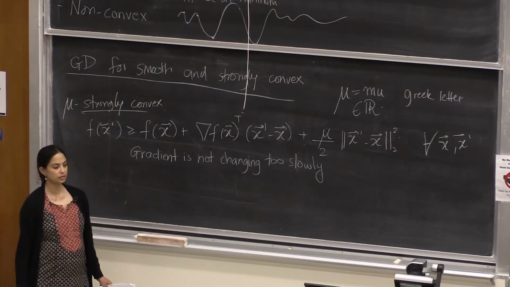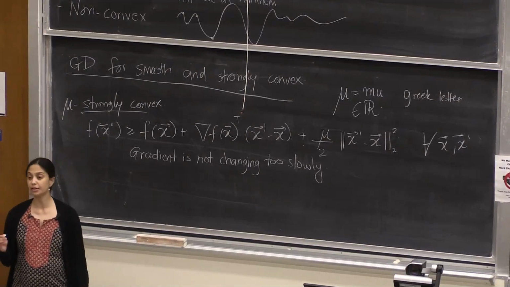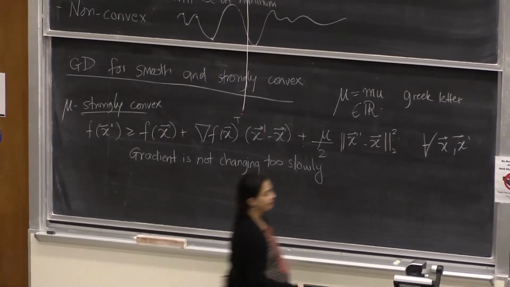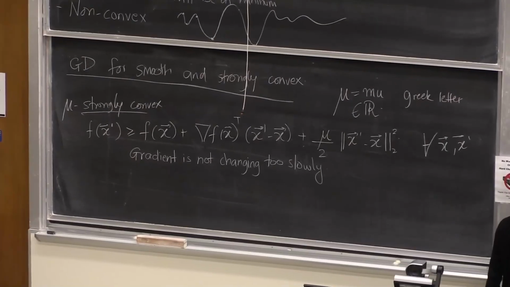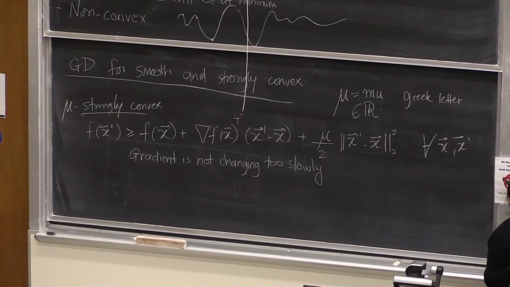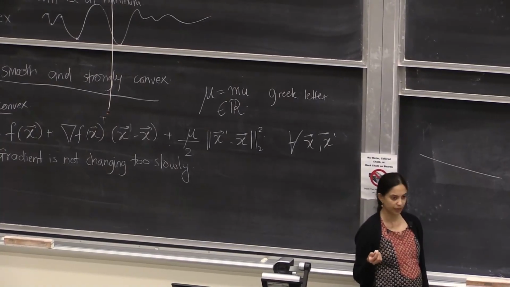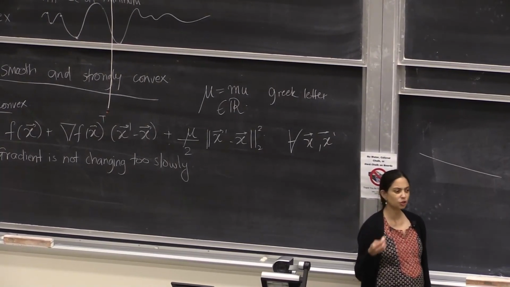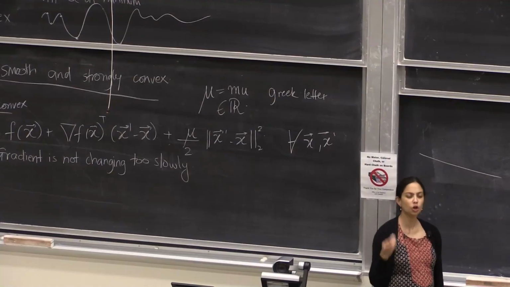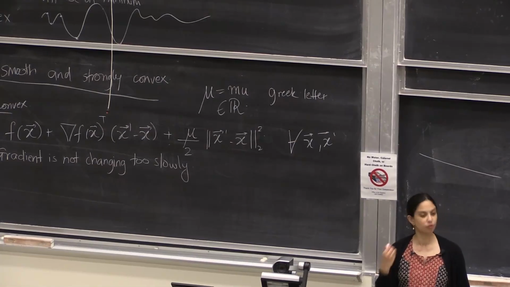Other questions? Yes? Why is it bad if our gradient changes too slowly? Let's say you have some function like this, and there's a gradient, but it's basically almost constant, it's not changing very much at all. What does that mean? That means you're not going to be making progress. You're going to be going super slowly towards wherever your minimum is. And what we want to be able to do is prove convergence.